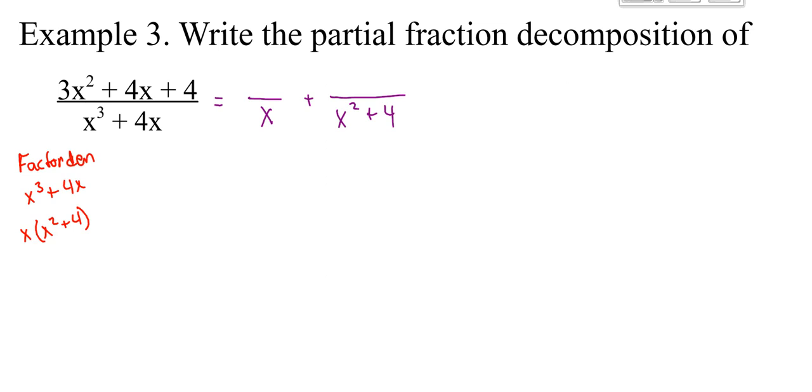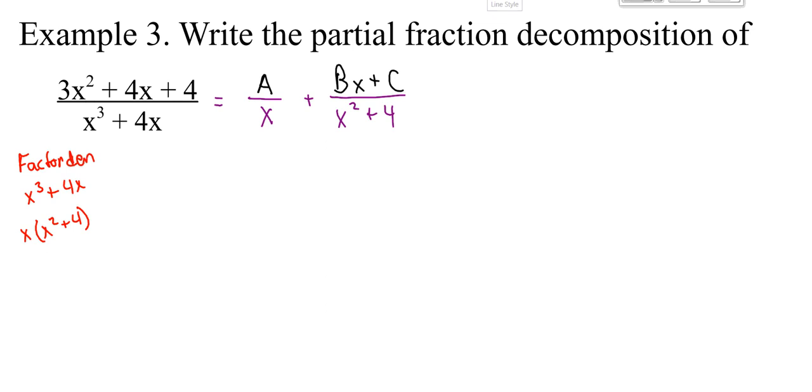So this time, our numerators are going to be A over x, because that's linear, so we just put a constant, and then plus, this one has a quadratic on the bottom, so it's going to have a linear factor on top, Bx plus C. And this only works when we have an irreducible quadratic. So don't just think, oh, I'll leave it as a quadratic and write it this way. Please don't do that, because we want the basic factors as we go through that.